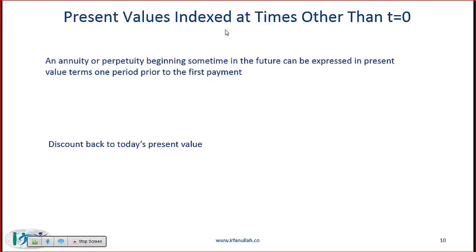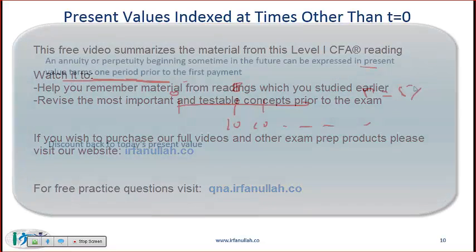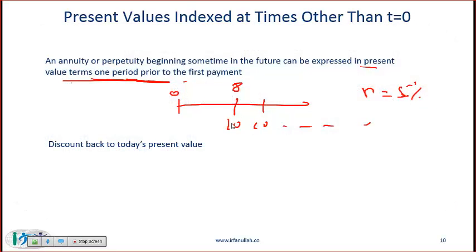Present values indexed at times other than 0. An annuity or perpetuity beginning somewhere in the future can be expressed in present value terms one period prior to the first payment. So this is critical, another classic error. If this is time 0 and you have a perpetuity that starts, let's say, at time 8, and the perpetuity is $10 forever, and the discount rate is equal to 5%, then the present value of this is equal to 10 divided by 0.05, which is 200.